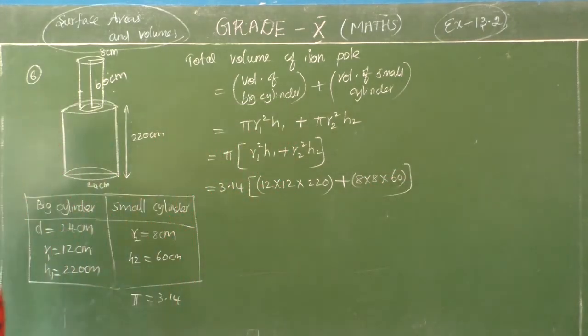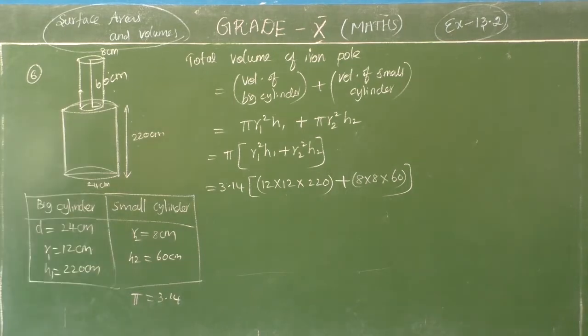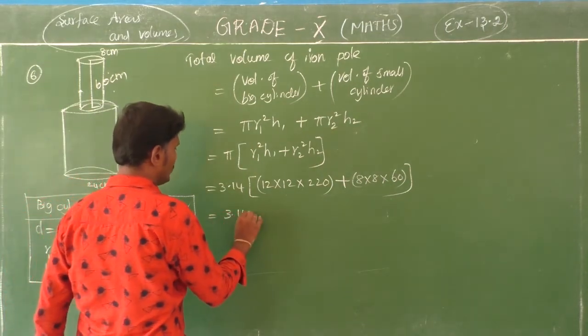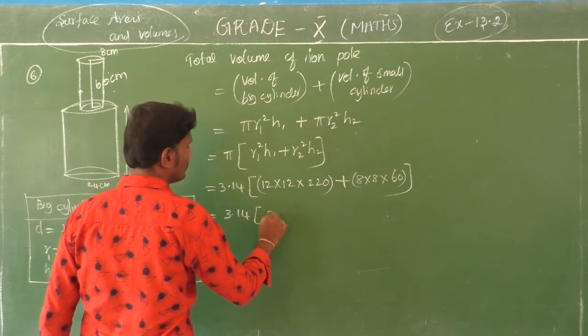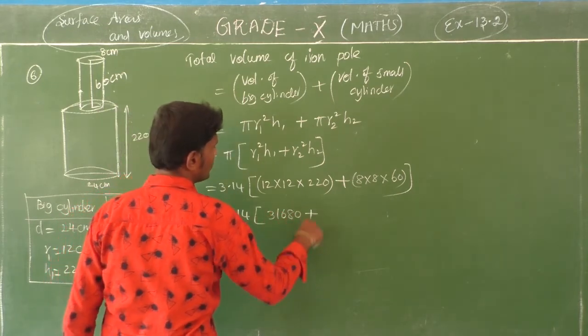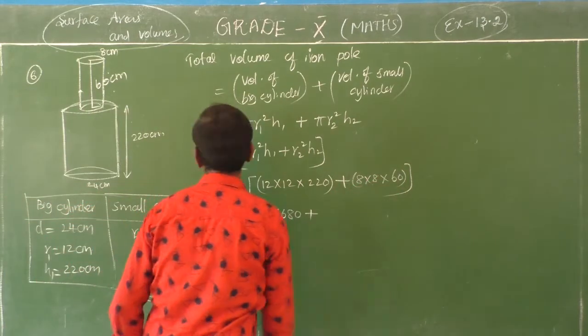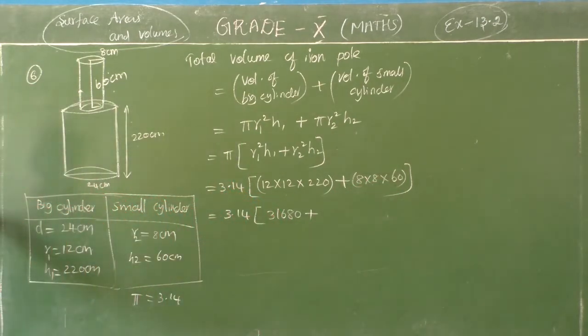Now I am going to multiply this. 12 12s are 144, into 220, you get 31,680. So 3.14 into 31,680 plus 8 8s are 64, into 60. 6 4s are 24, remainder 2. 6 6s are 36, so 38.